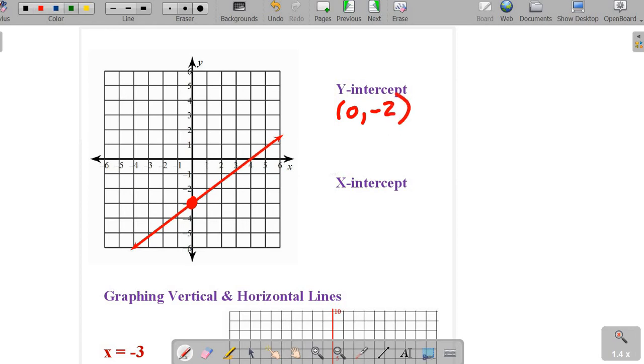The x-intercept is where the line crosses the x-axis, which is horizontal. In this case, it is (4, 0). All y-intercepts are going to be a 0 and a number. All x-intercepts are going to be a number and 0.